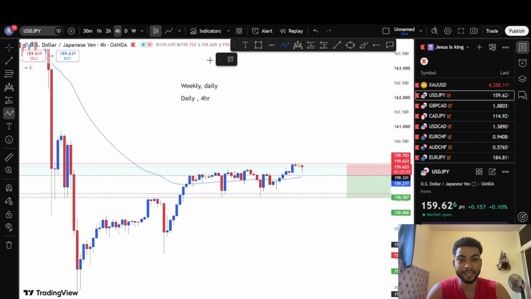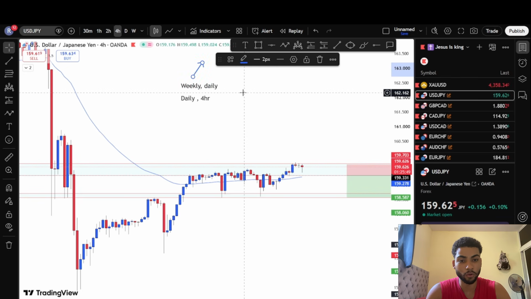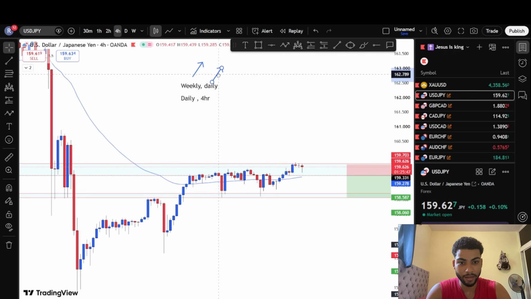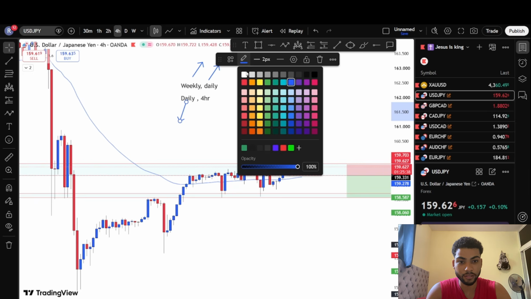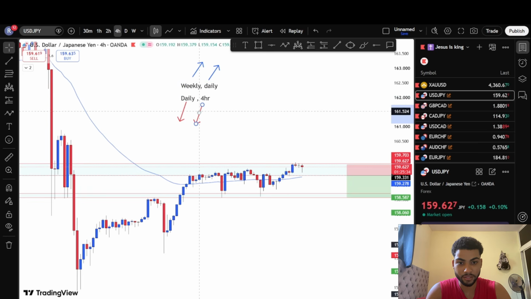But what does that mean? That I either need the weekly and then the daily, either bullish or bearish in my direction. That will tell me that I'm trading with the trend. So in this case, I have the daily bearish and then the 4-hour bearish.